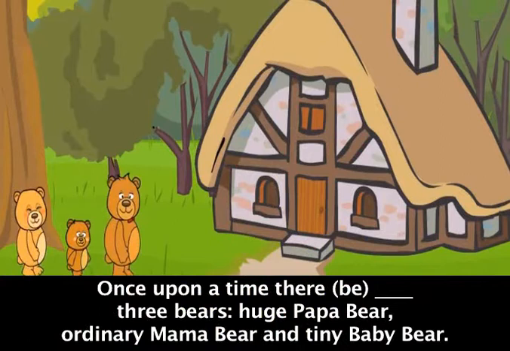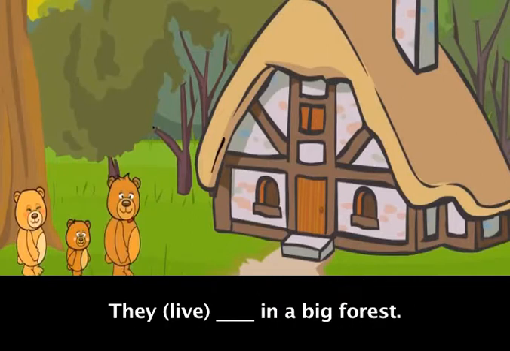Once upon a time, there dash, within brackets be, three bears, huge papa bear, ordinary mama bear, and tiny baby bear. So a family of three. They dash, live is the bracket word, in a big forest.